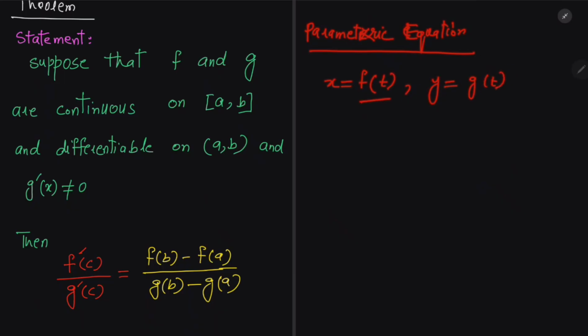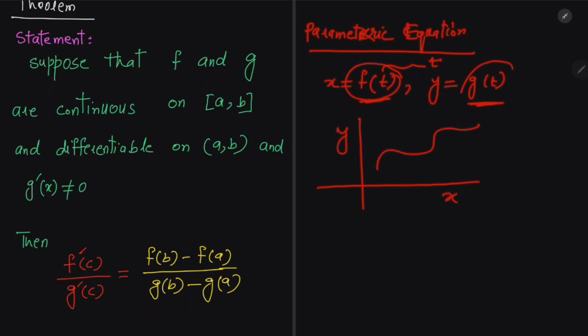So in this case, we have these two functions. If we plot x and y while changing the value of t, we can plot any curve. So this is the parametric form, and f and g are the parametric functions that appear over here. That is one explanation.